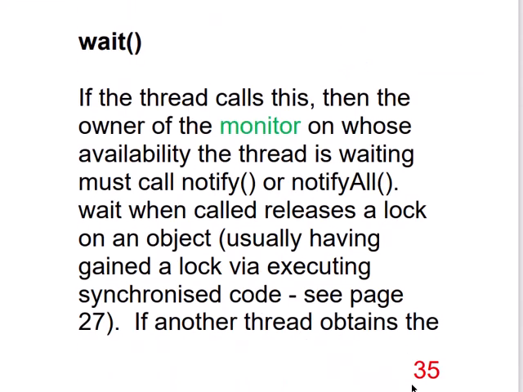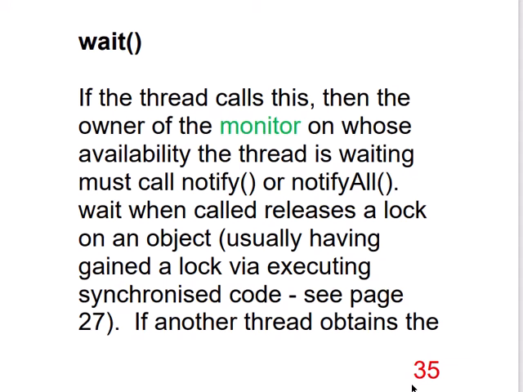So the wait method: if the thread calls this, then the owner of the monitor on whose availability the thread is waiting must first of all call notify or notify all.